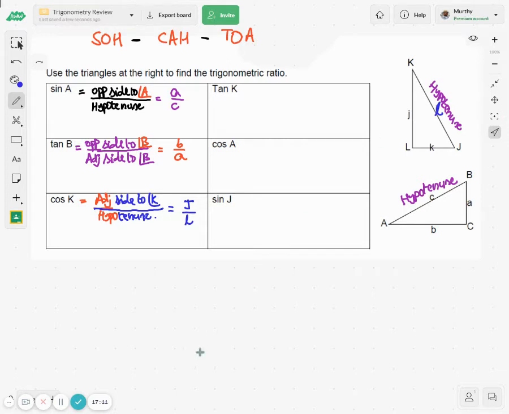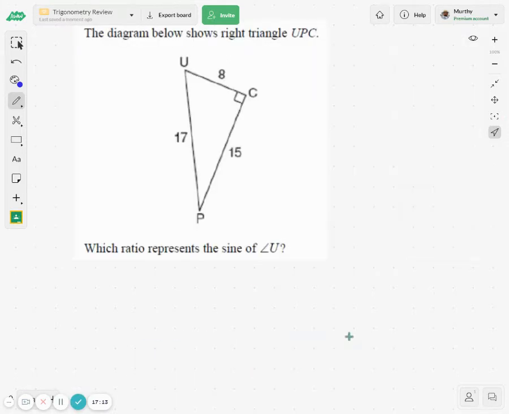Okay, so let me take one more question. In this question, you're asked to find sine u, sine of angle u. Therefore, you know that sine equals, think of Sohcahtoa, SOH.